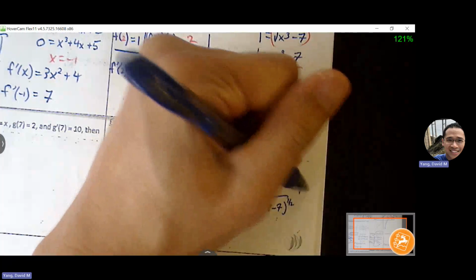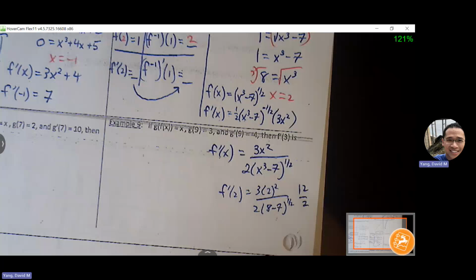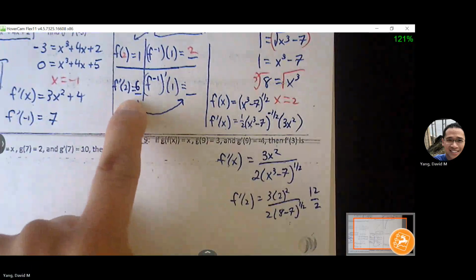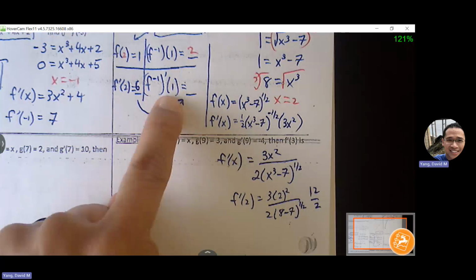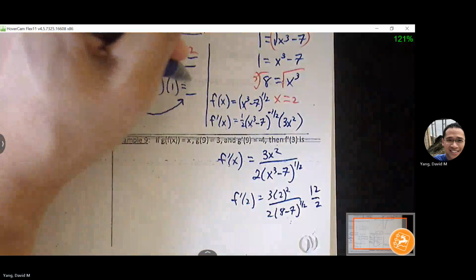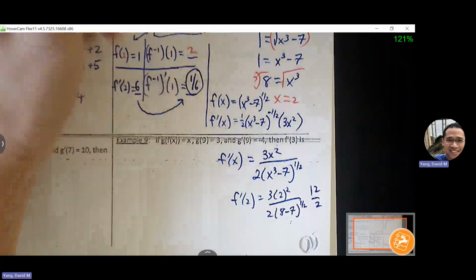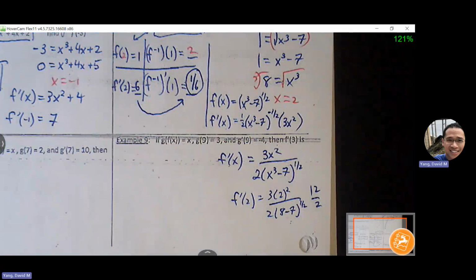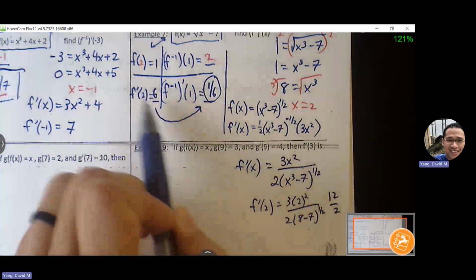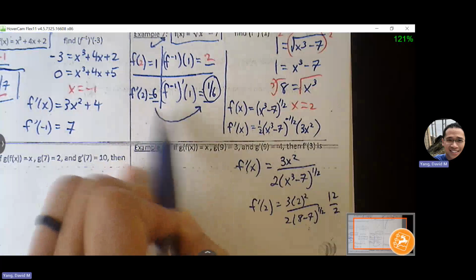So 12 over 2 is what? 6. So if the slope of my f graph is 6, the slope of my inverse at its corresponding point must be what? 6. So we're not doing anything on the inverse side of things. We're doing all of our work on the function side of things, and we're using that relationship to get to our answer.